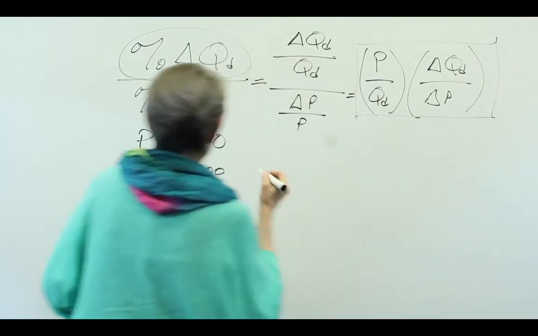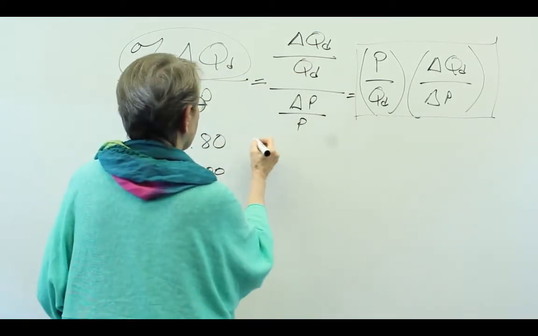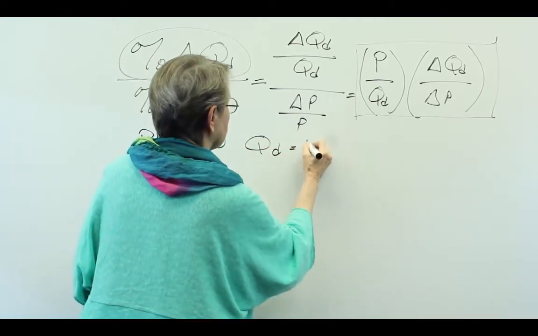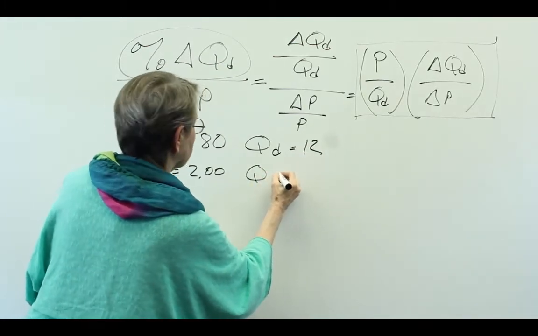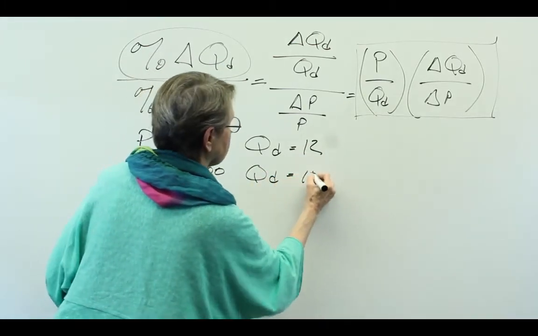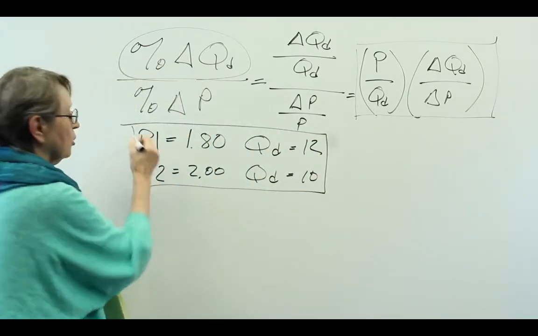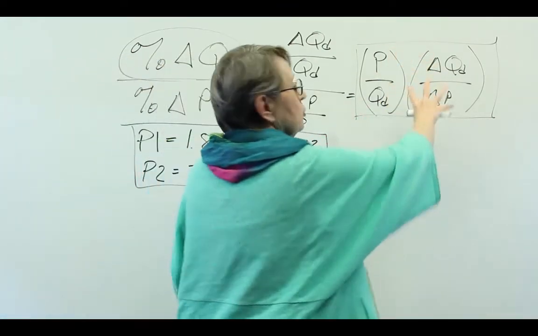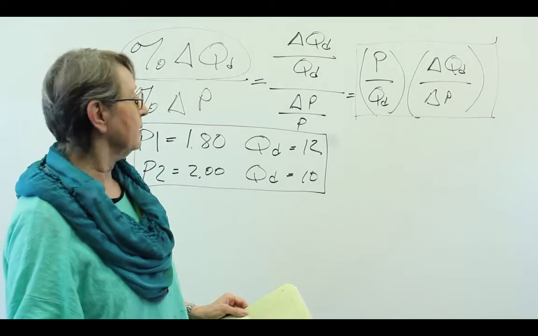If we were to draw the demand curve, let's indicate the two quantities at these two prices. At price 1, the quantity demanded is 12, and at price 2, the quantity demanded is 10. So if we had a demand curve that indicated these prices and quantities, then all we have to do is plug it into this formula, and we have a measure of elasticity of demand.